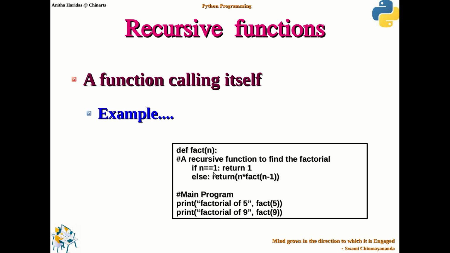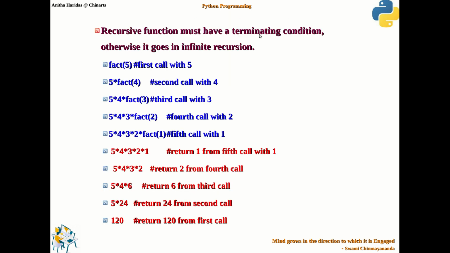Until n equals 1, it is going to call itself. When n is equal to 1, it is going to return the value 1. So this is a very important point in a recursive function. If you have not given any terminating condition, obviously this function goes into infinite mode.